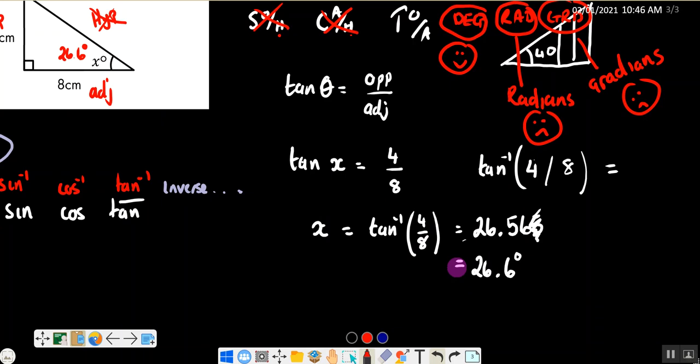So, yeah, go across to radians, press enter, whatever, put the radians on. So if you do tan minus 1 of 4 divided by 8, you actually get 0.46. Alright? Radians. Whereas this one's in degrees. Now, that's not what you want.